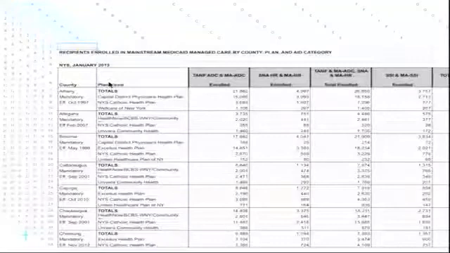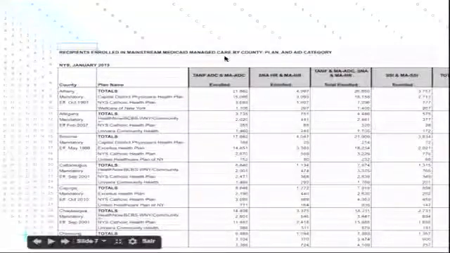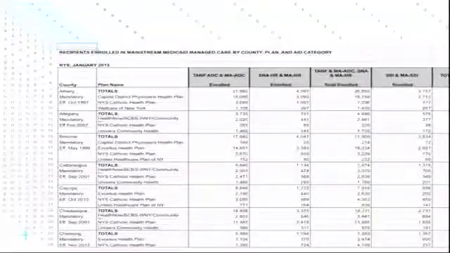This is the name of the company that has enrollments in Medicaid. And you have the total number of people that were enrolled in different categories. And it doesn't matter to us today to fully understand this table, just that we need the number of enrollments to see how the companies are growing.